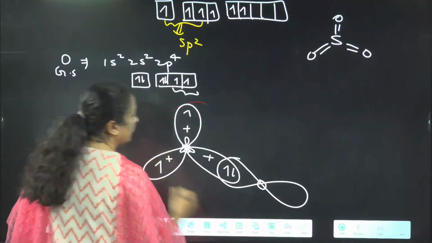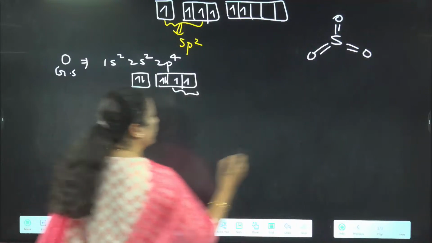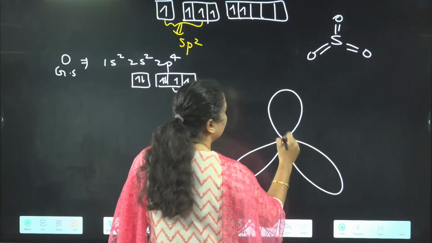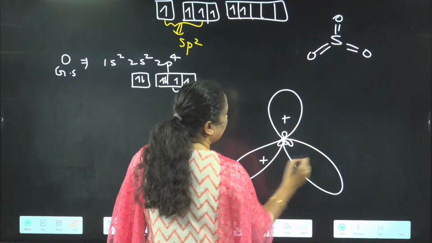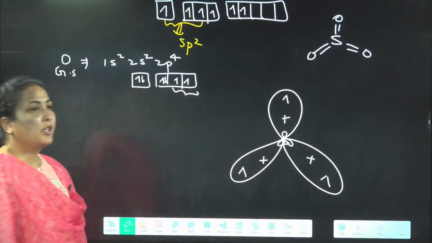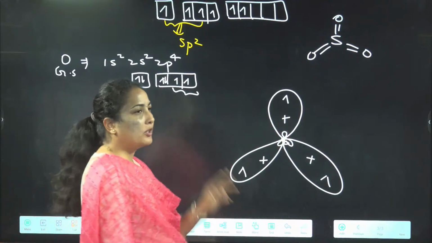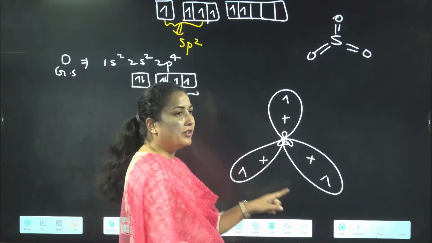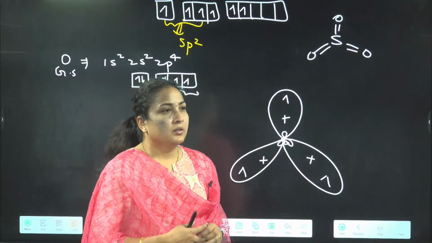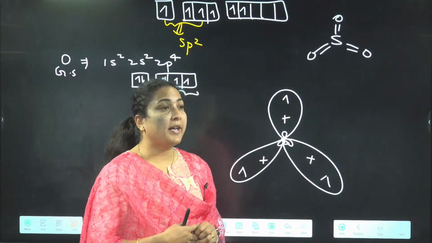I'll draw it a little bit shifted here. You don't have to draw this entire thing, I'm just explaining to you. Don't worry about it, okay? There is one electron, one electron, one electron here. Did we understand up to this? Sulfur's sp2 hybrid orbitals, there will be 3 and they will be oriented in a trigonal planar fashion like this. Did we understand how I have drawn this?